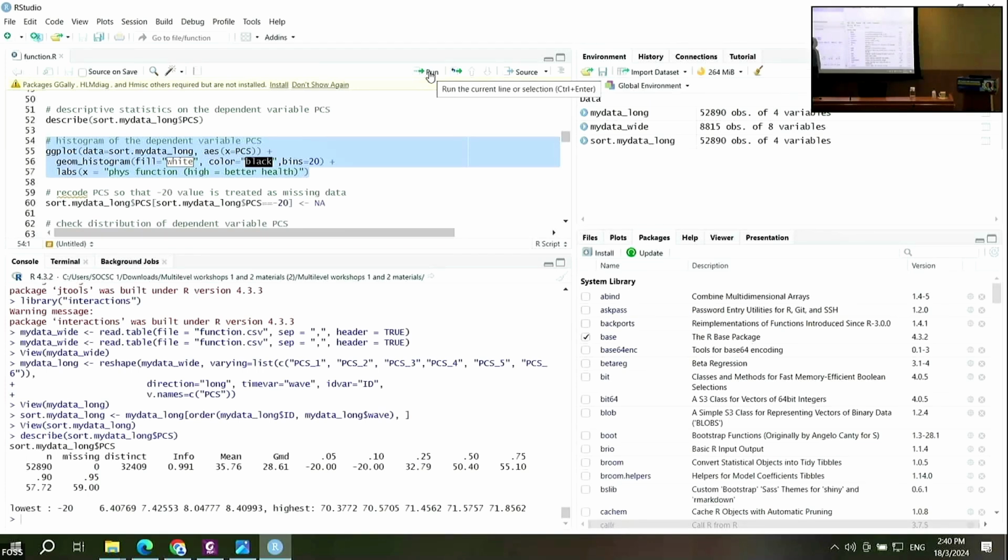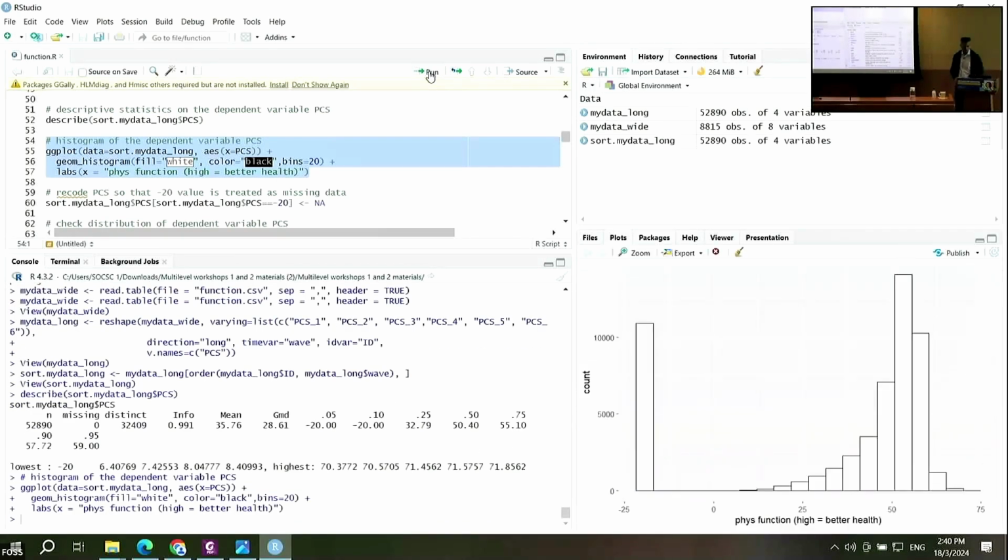So we're using this ggplot command here. And this shows you quite clearly that the -20 value is not an outlier. It's really something to do with missing data. So we need to get rid of it first before running the analysis.